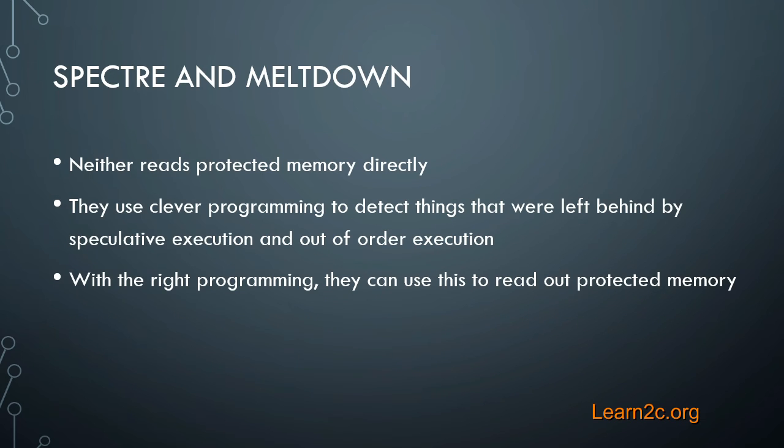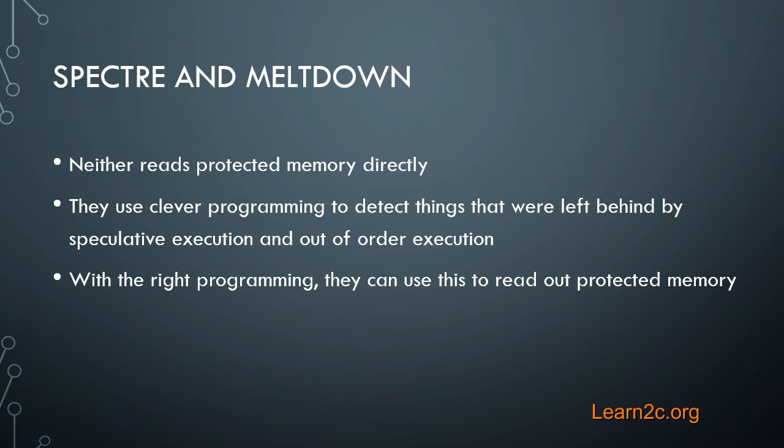Neither SPECTRE nor MELTDOWN reads protected memory directly. Instead, it's really a case of very clever programming that takes advantage of the side effects of speculative execution and out-of-order instruction execution. These tricks are used to speed up our programs. And that's something we like to have because we'd rather have our programs run as fast as possible.